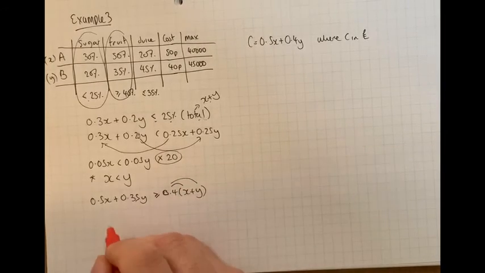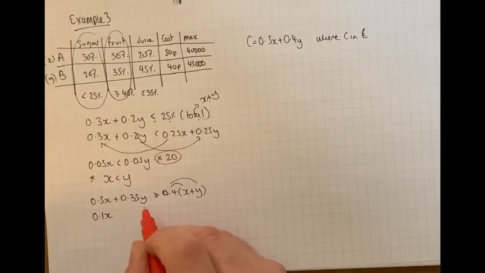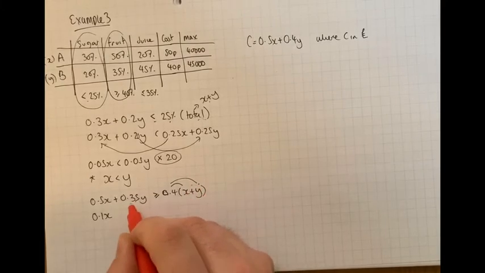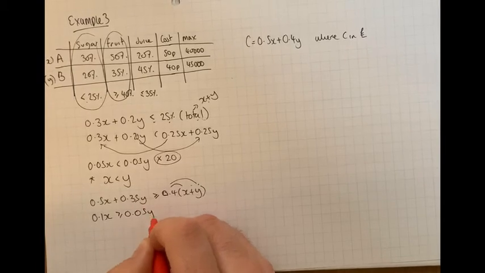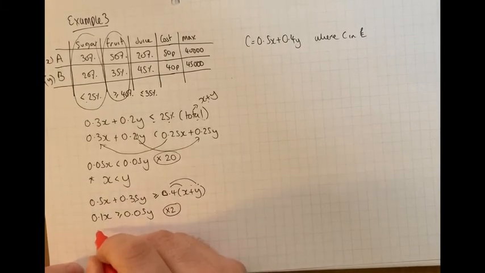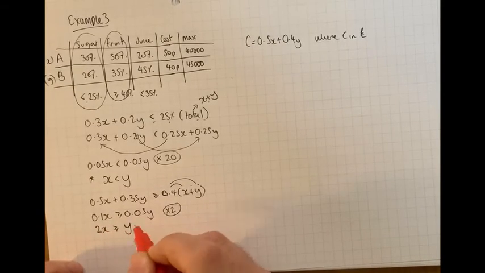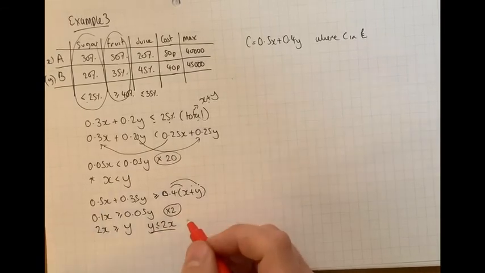If we bring the 0.4x over, 0.5 take away 0.4 is 0.1. Bring the 0.35 over, 0.40y take away 0.35y is 0.05y. And if we times that by 20, we're going to get 2x is greater than or equal to y, or y is less than or equal to 2x as our second constraint.